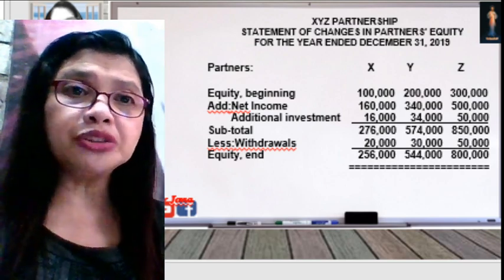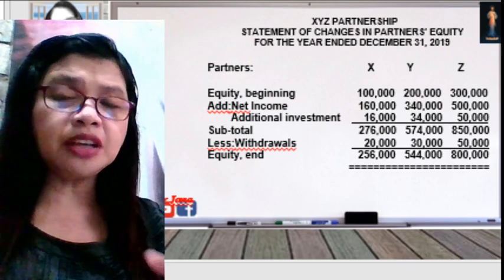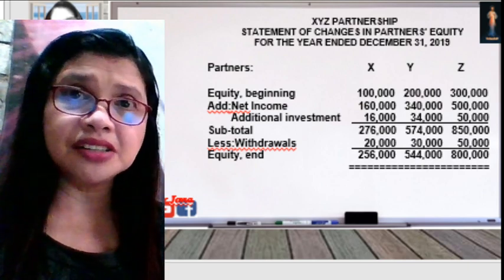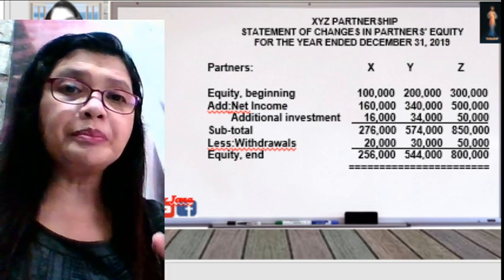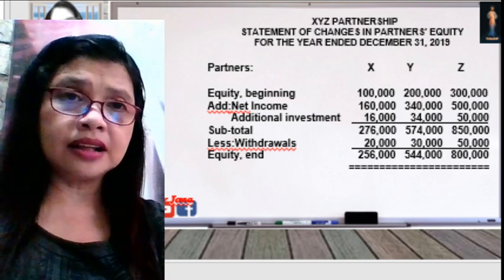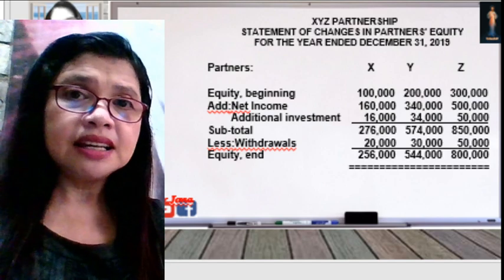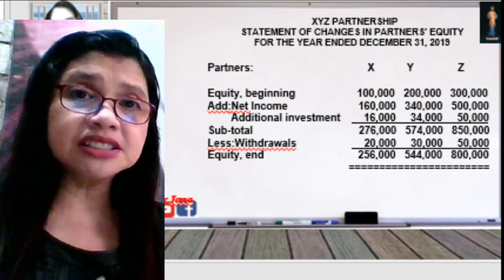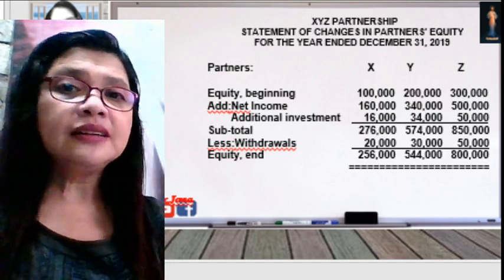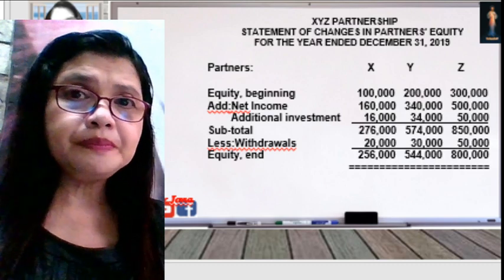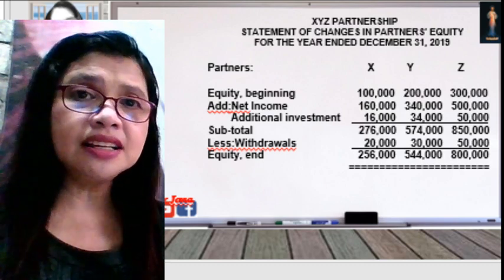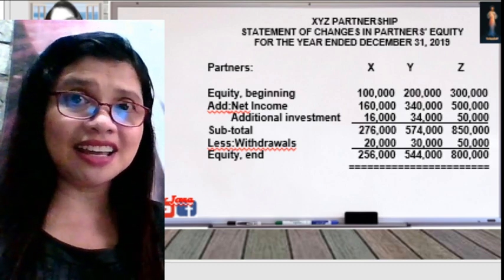So the total equity of the three partners is 600,000. You get the pro rata, or the capital contribution of X, and divide it by the total shares. So 100,000 divided by 600,000 will give us 16%.